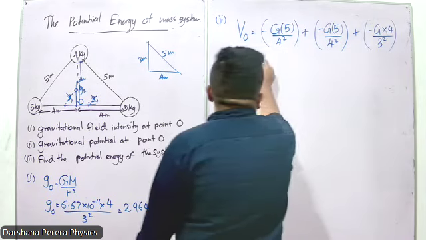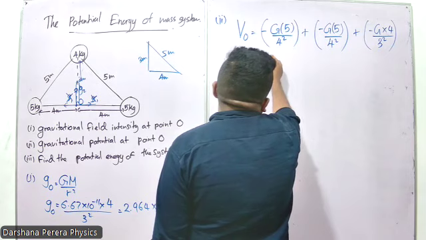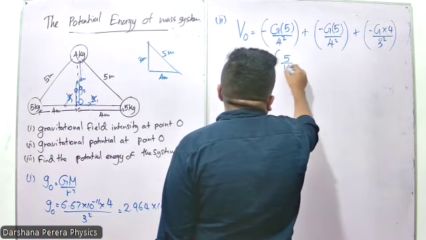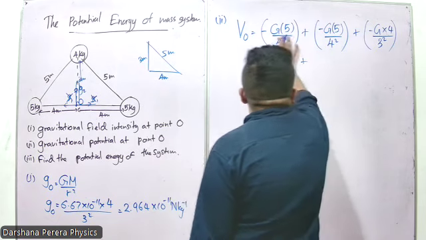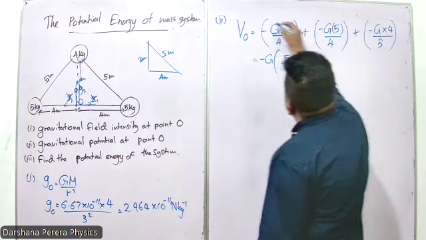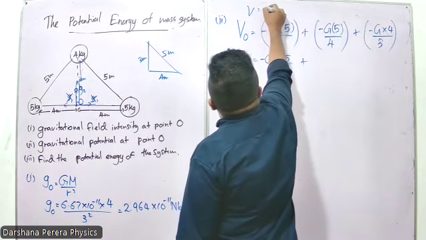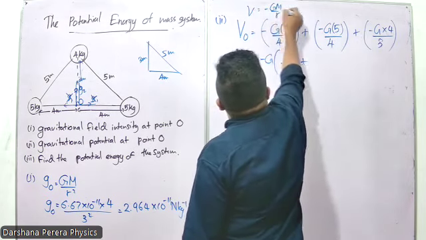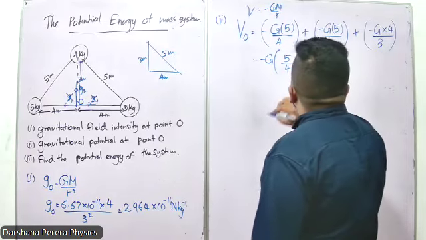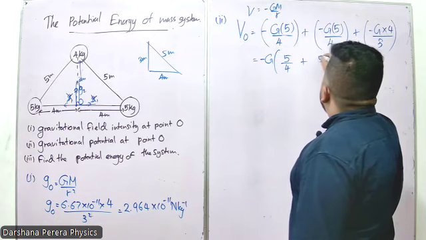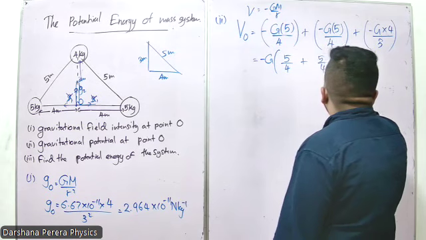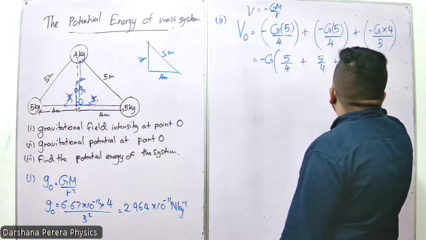So what is the value? Minus G is common. 5 over 4 plus 4 over 3.